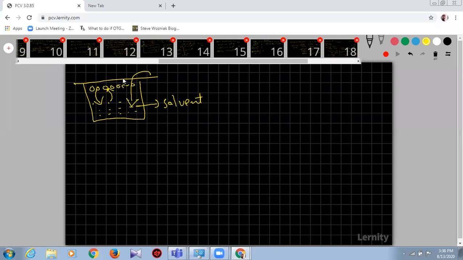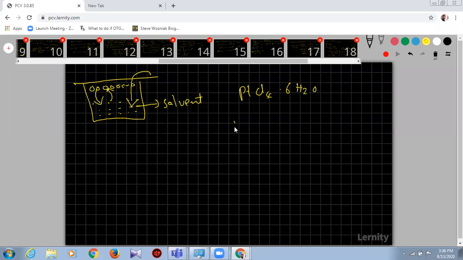Okay, next. If you take platinum tetrachloride 6H2O, it will exist as the hydrated complex. 1 molar aqueous solution has a depression in freezing point of 3.72 degrees centigrade.